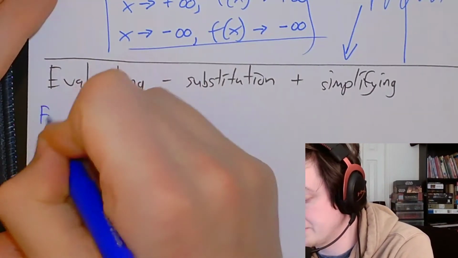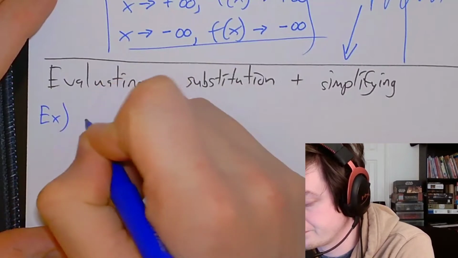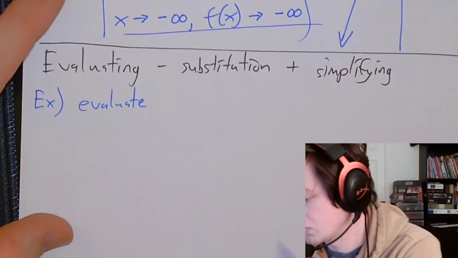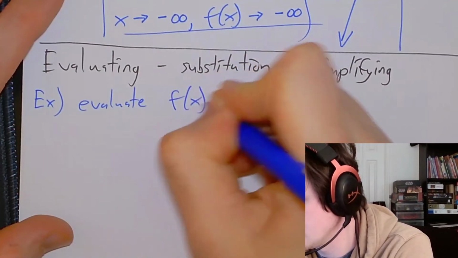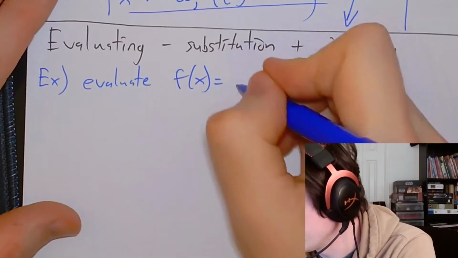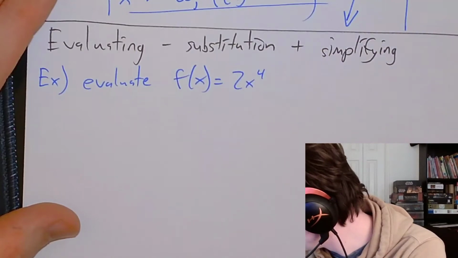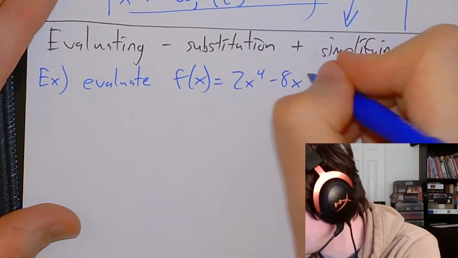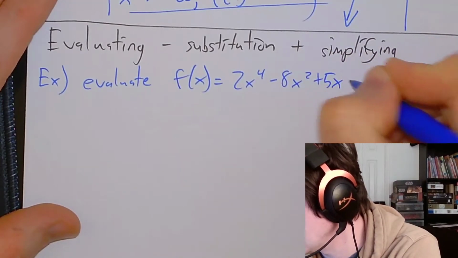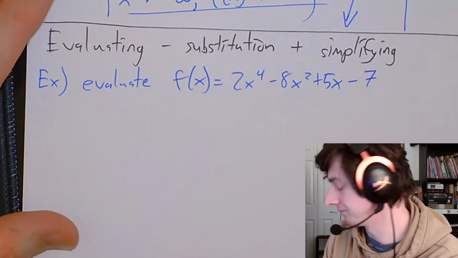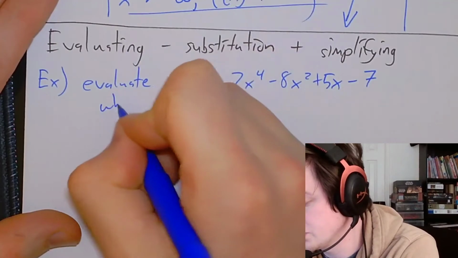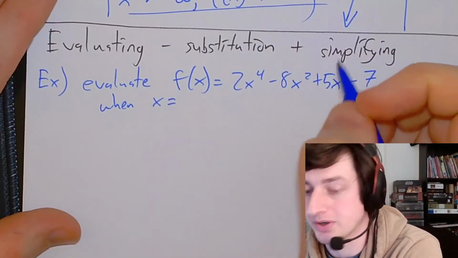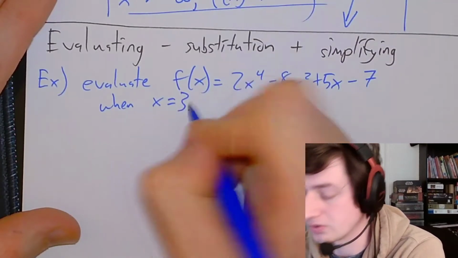So evaluate f of x equals 2x to the fourth minus 8x squared plus 5x minus 7, when x equals 3. It's always going to give you the value for x.